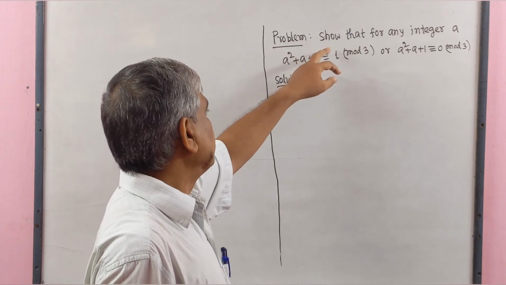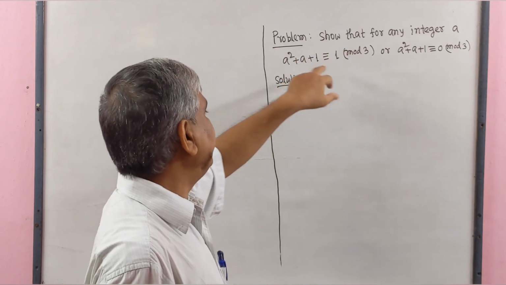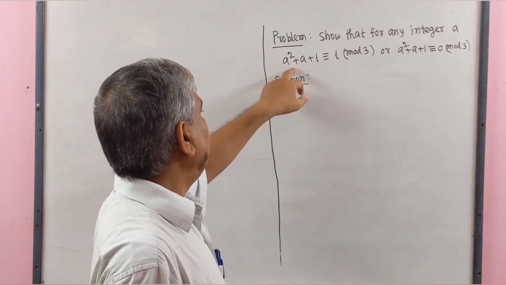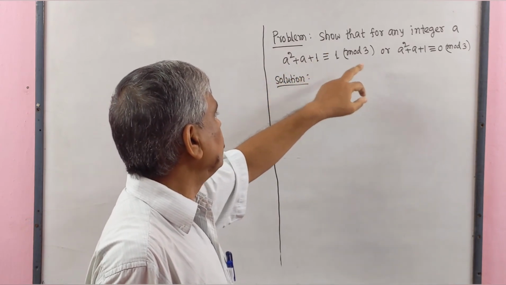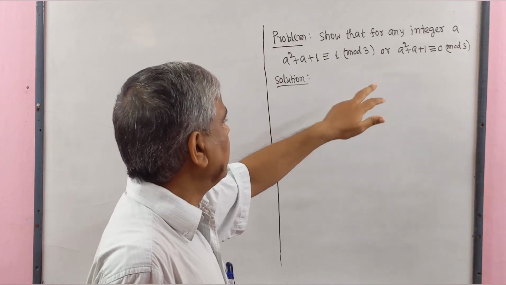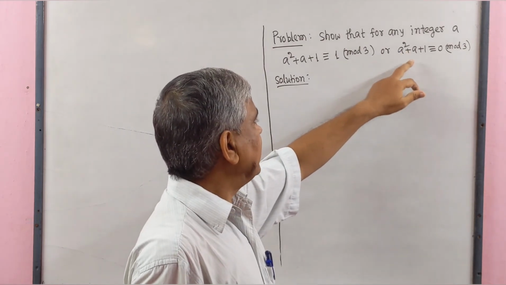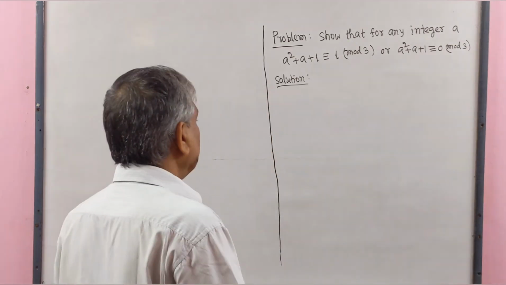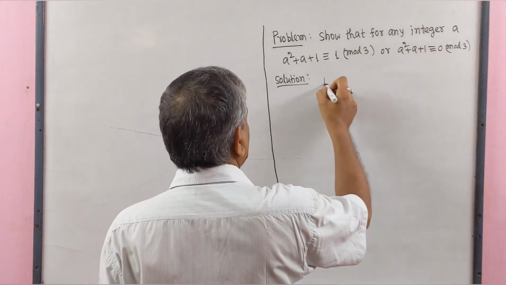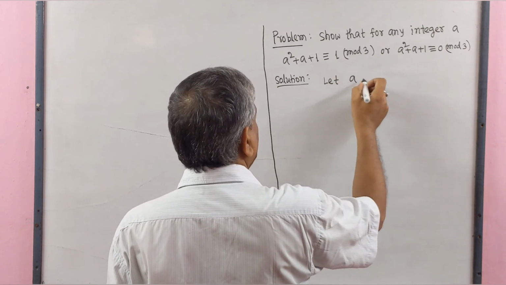The next problem is: show that for any integer a, a squared plus a plus 1 is congruent to 1 modulo 3 or a squared plus a plus 1 is congruent to 0 modulo 3. Now we solve this. Let a be any integer.